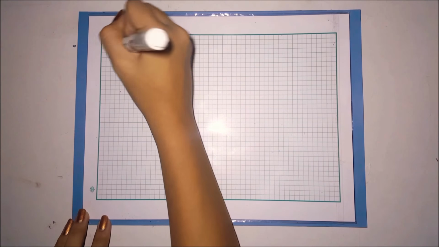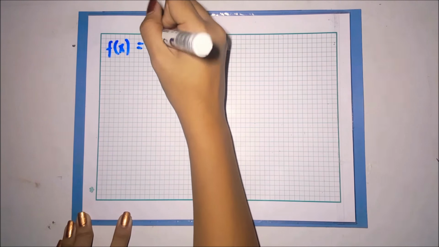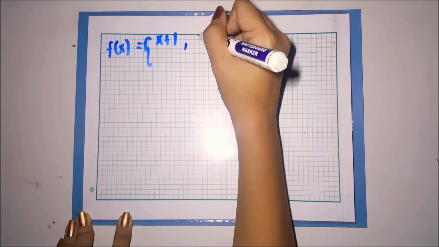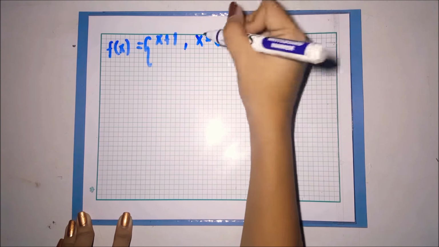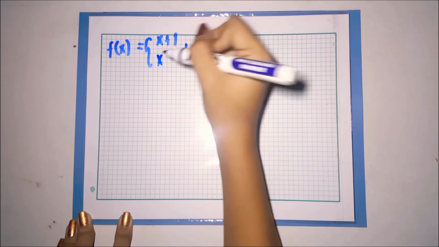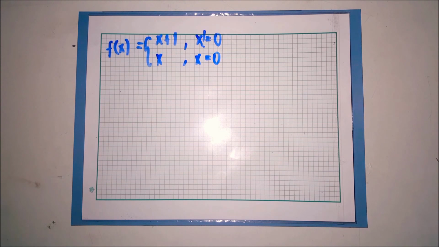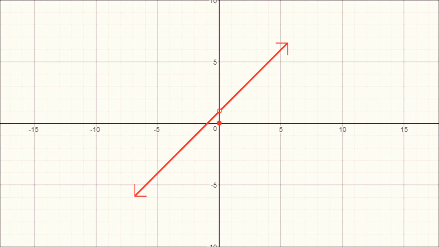And let's look at another example. So f(x) equals x plus 1 if x is not equal to 0, and x if x equals 0. Let's see if this function is continuous at x equals 0. Looking at the graph, we can see that the function satisfies our first criterion, giving out y equals 0 at x equals 0.